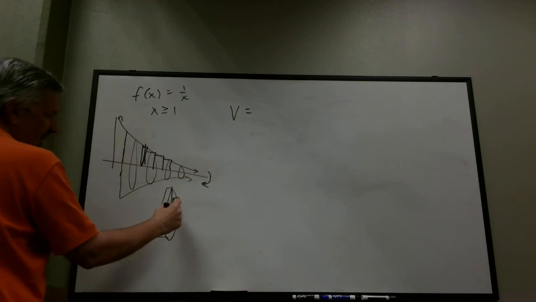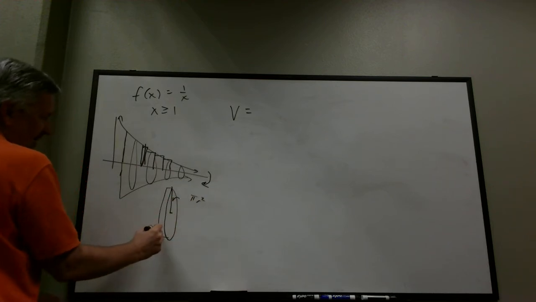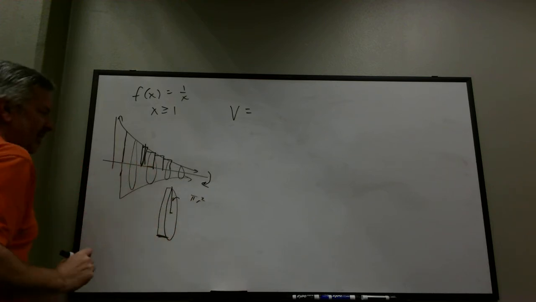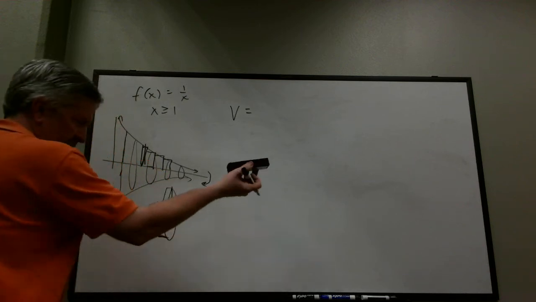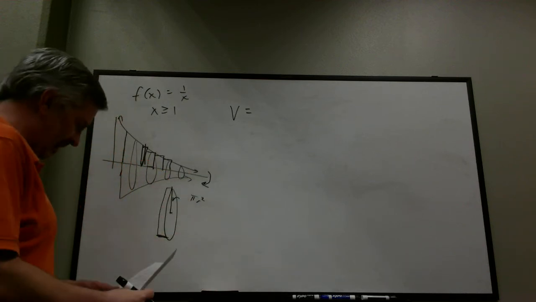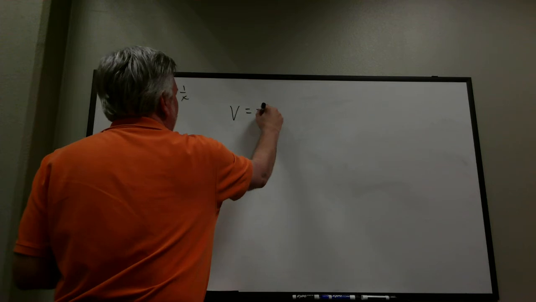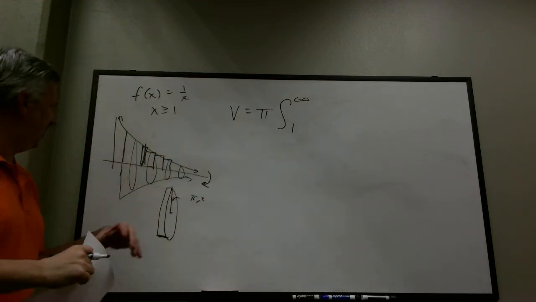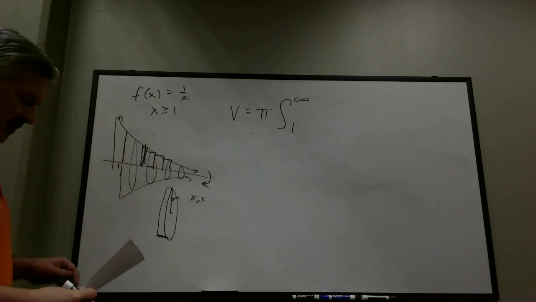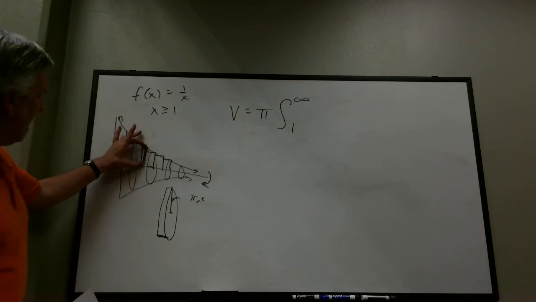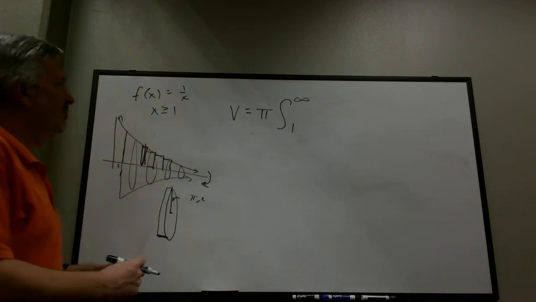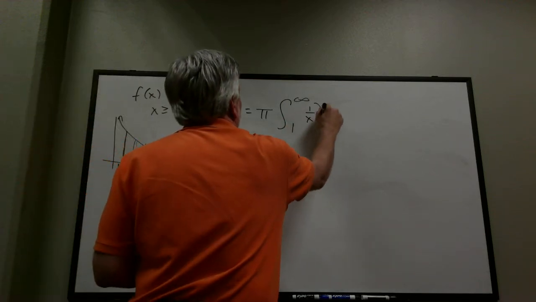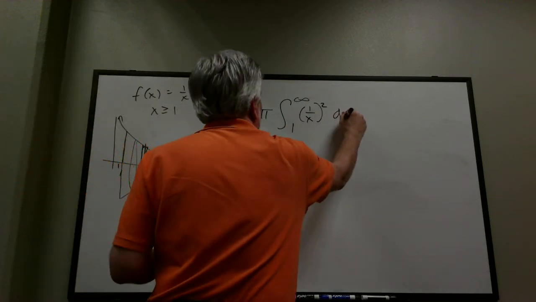It's pi times the radius squared, right? Times the height, but remember the height was the delta x, right? So you got a formula for doing that. And so if you do this problem, it's pi times the integral from 1 to infinity, because we're going from 1 to infinity, of the radius squared. Well, the radius is the height, it's your function, so it's 1 over x, whole thing squared, dx.